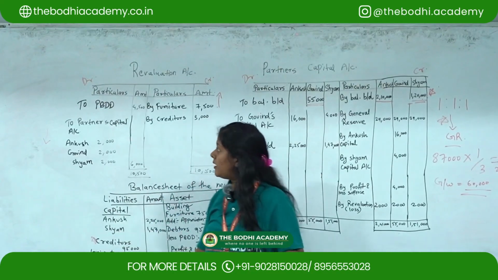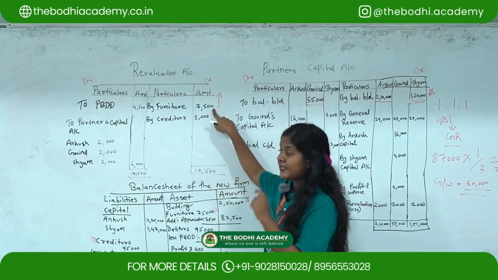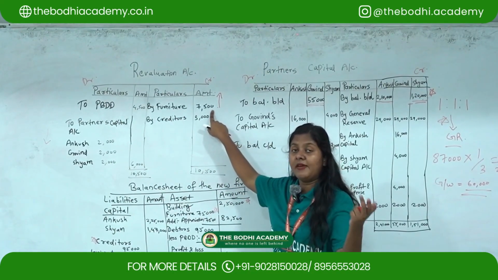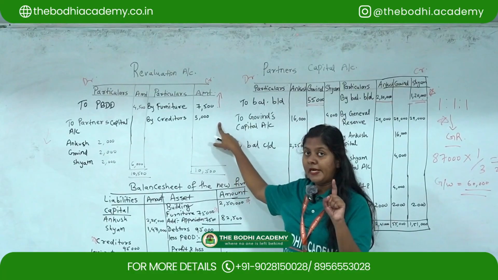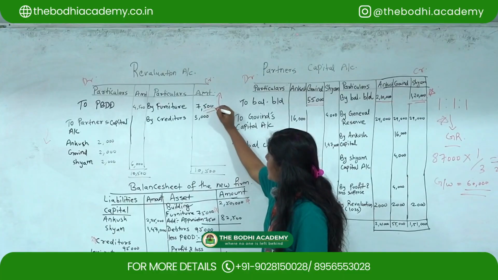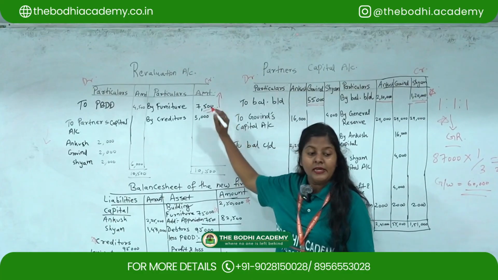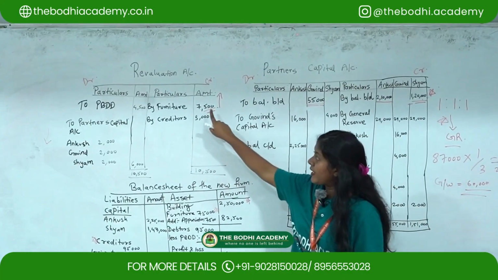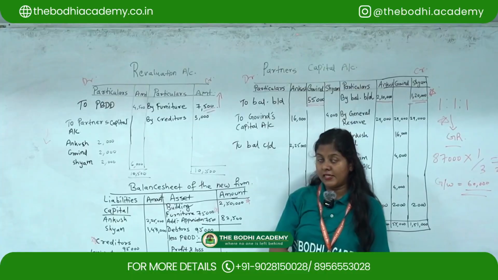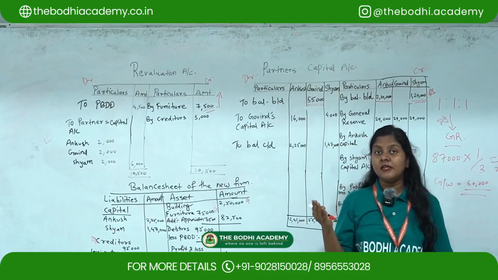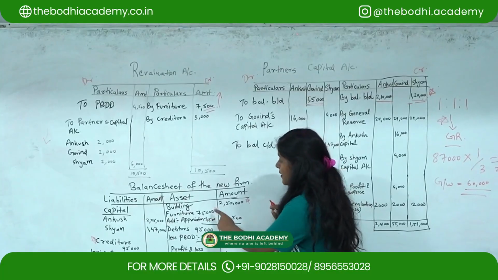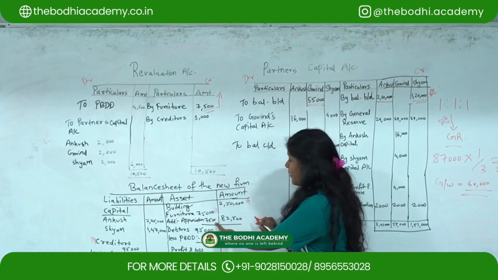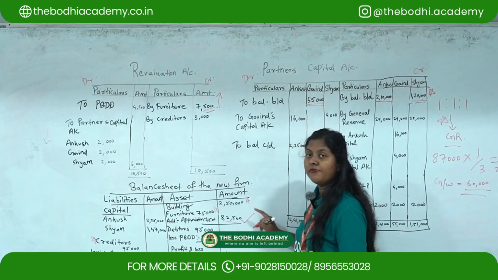So for furniture, since it is appreciating, you multiply 75,000 by 10%, which will give you 7,500. So the first effect is over here. The second effect, since the value is appreciating, you just have to add it. So 75,000 plus 7,500, you will get 82,500.